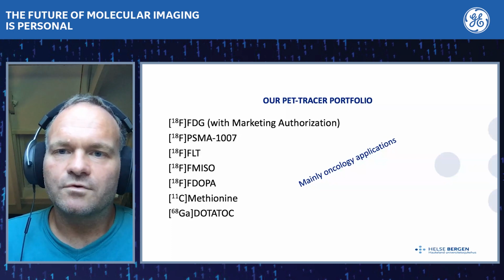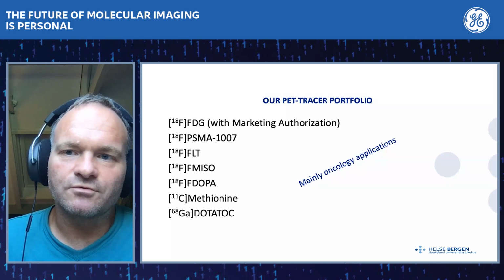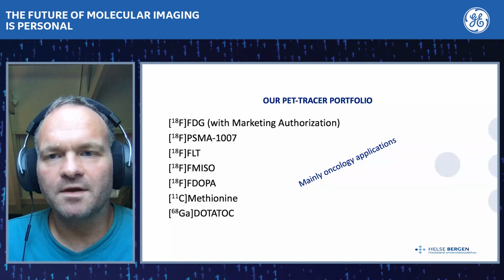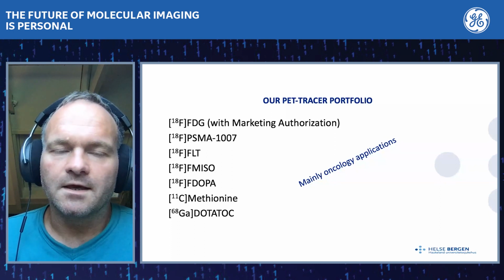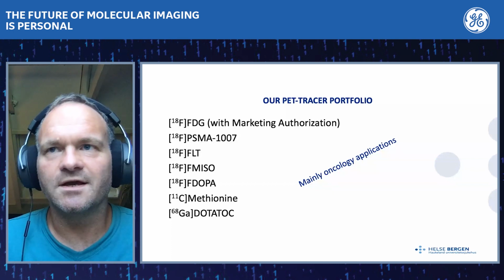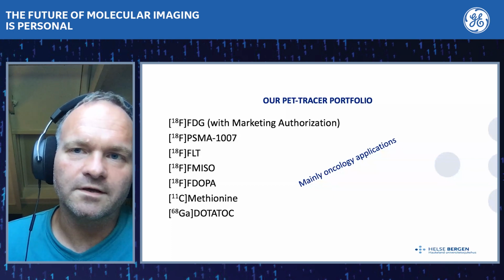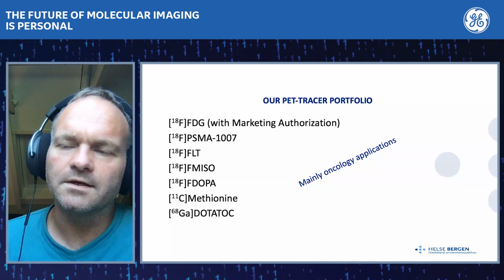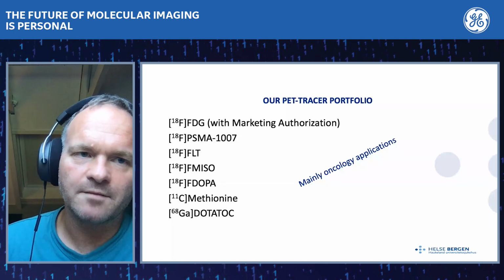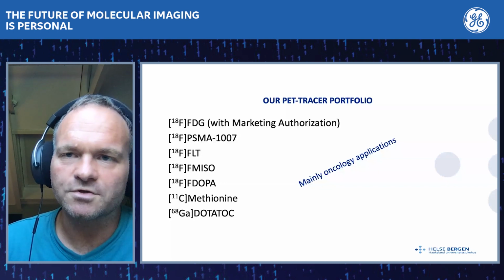And that, of course, leaves little or no room for adding tracers to the portfolio, while at the same time keeping up with the demand of the current tracers from the clinicians. And of course, if we would have a failed FDG synthesis, that would have an impact on, for example, F-MISO or F-DOPA productions.